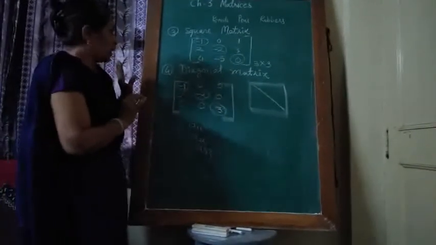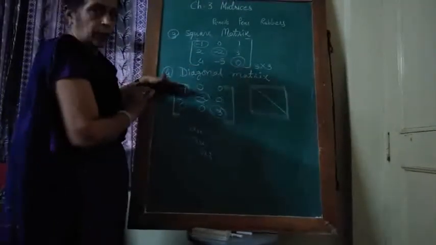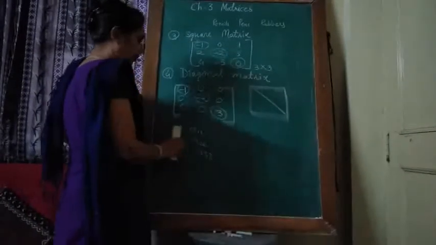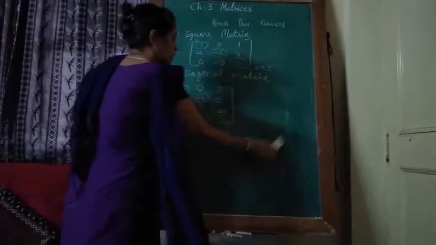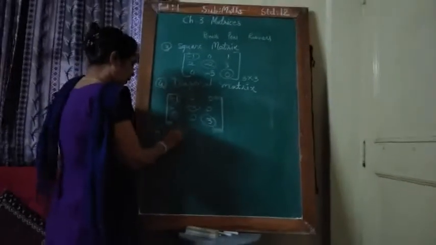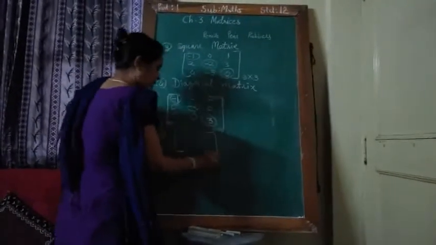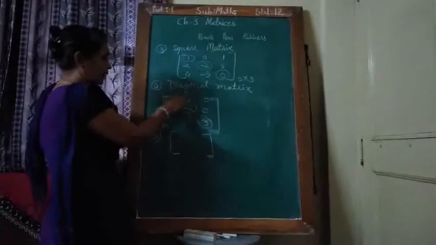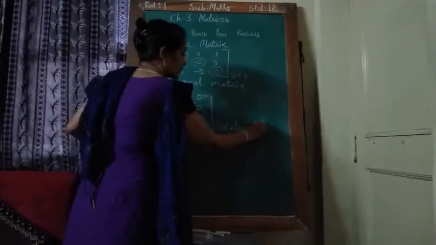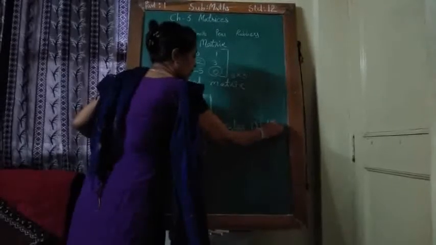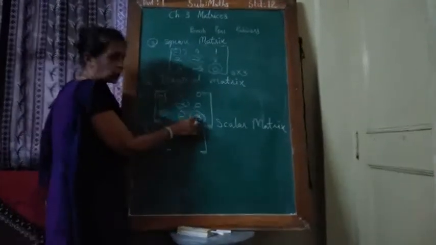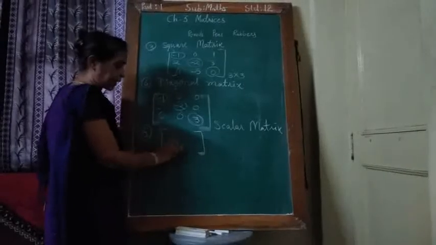Clear? So square matrix, diagonal matrix, and then the fifth one is scalar matrix. In a scalar matrix, what happens? It is nothing but a diagonal matrix, but what is the difference between diagonal and scalar matrix? In a scalar matrix, all principal diagonal elements are the same.